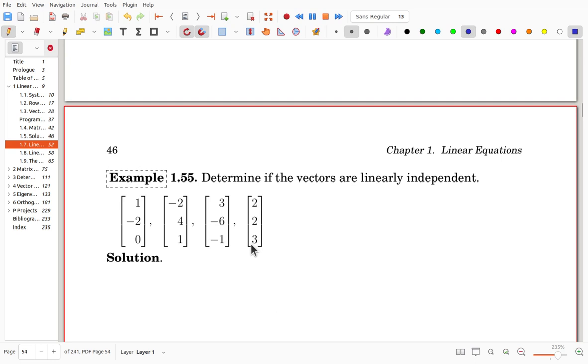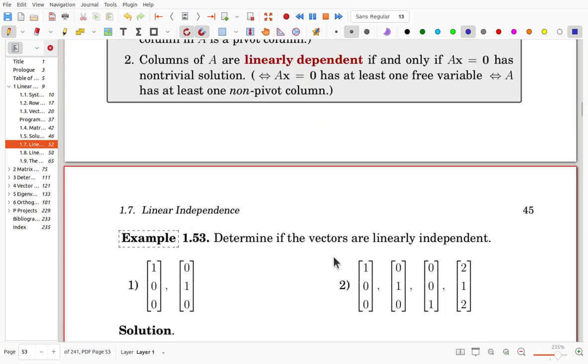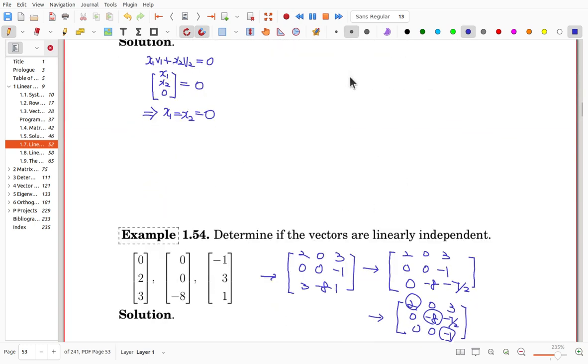So there is at least 1 non-pivot column. That means the collection of these vectors is linearly dependent. The A has at least 1 non-pivot column. Then the columns of A are linearly dependent, right?